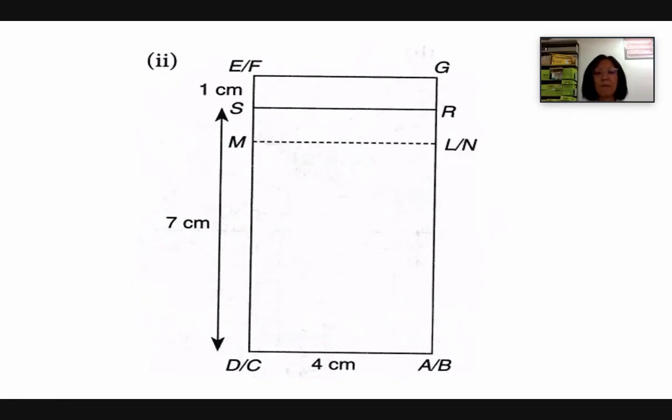But it is there because the two prisms' lengths are not the same. It is joined like that. So use a dotted line. The lines that you cannot see from the front, you use a dotted line, ladies and gentlemen.